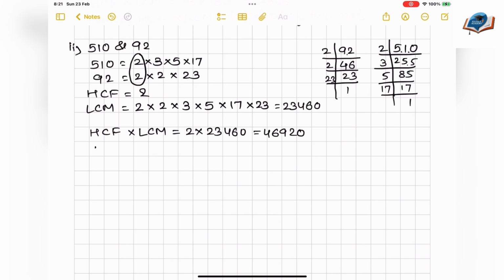And if I check 510 into 92, the product of two terms, that also will be 46920. Therefore, HCF into LCM equals the product of the two numbers.